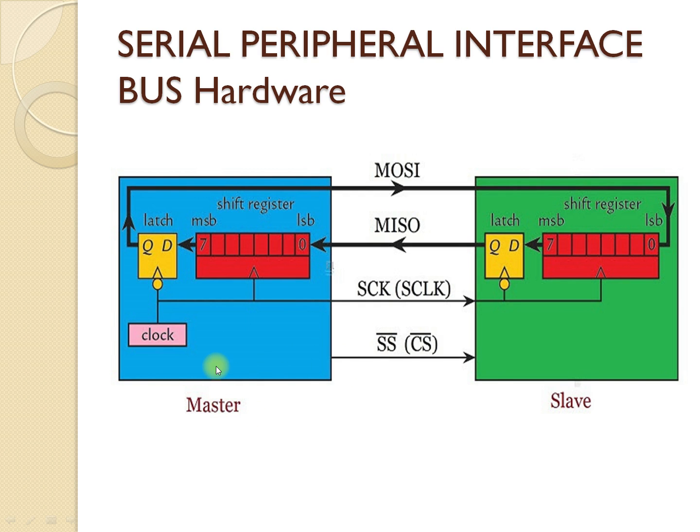So this transaction, the data from the master to the slave and the data from the slave to the master, is controlled by this clock signal and also by the slave select. Since SPI is used for single master and multi-slave systems, this slave select pin acts as an address selector without using any decoder logic.